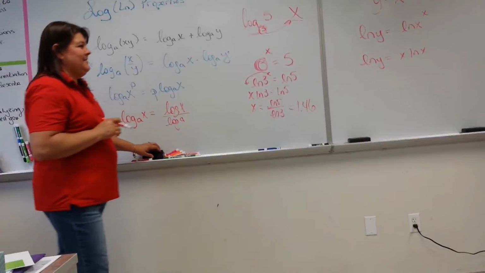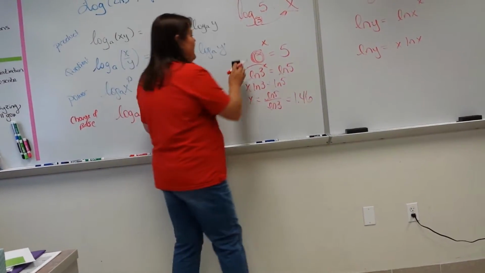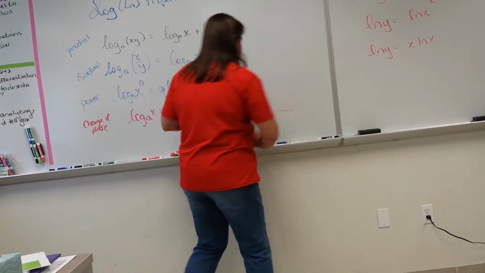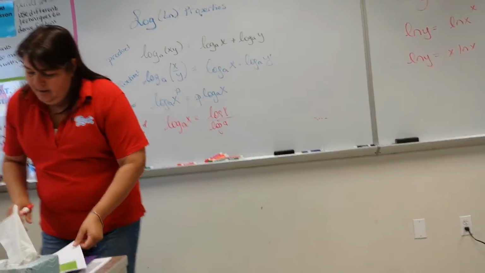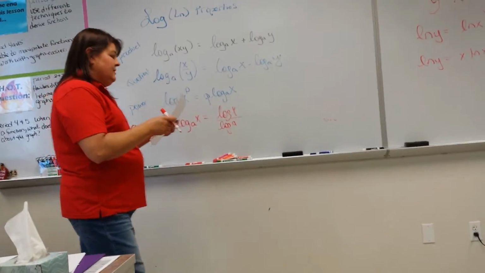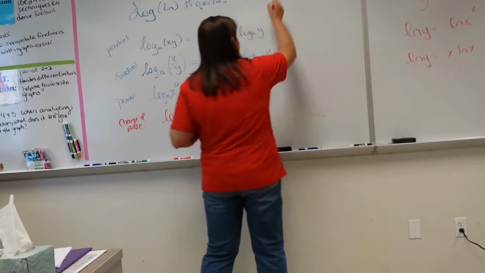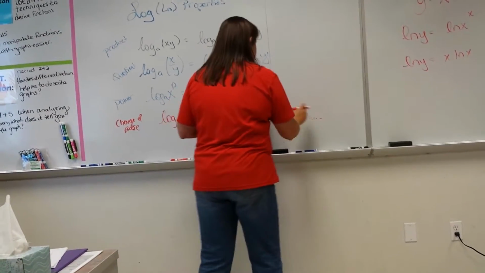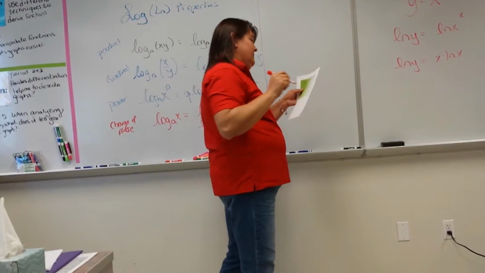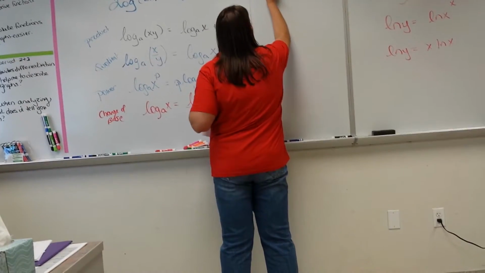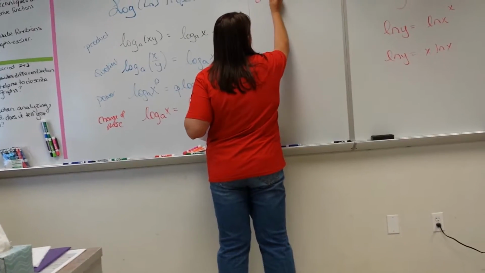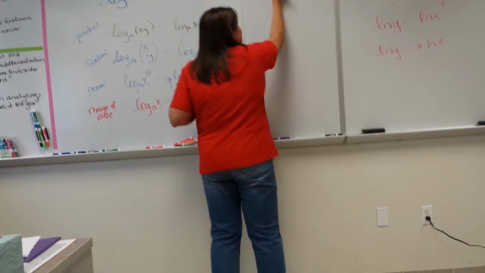Now, let's segue into the derivatives of natural logs or logs. The first one, and this means take the derivative of, if you can recall, I'm going to start with e to the x.